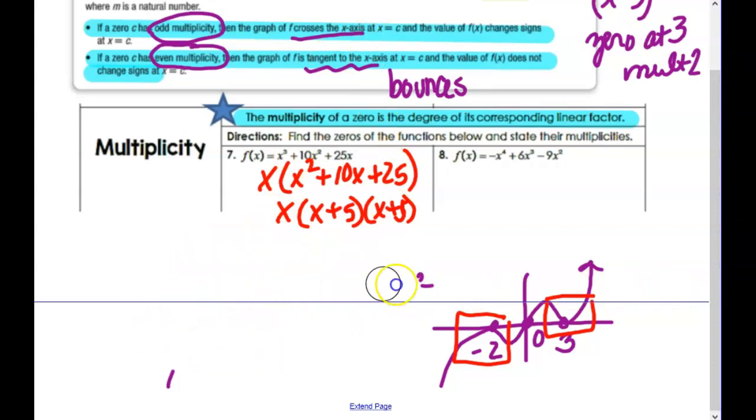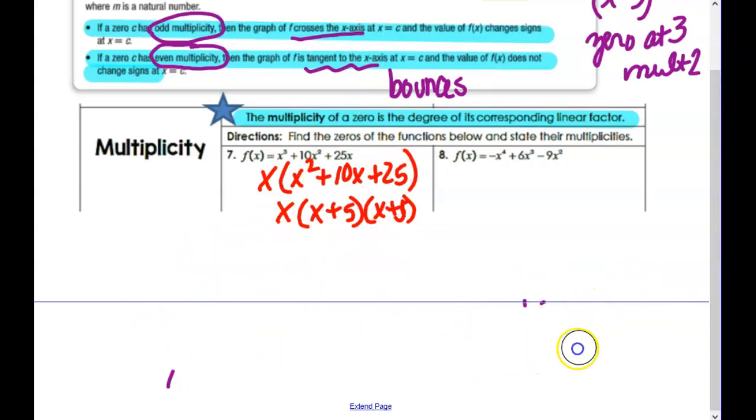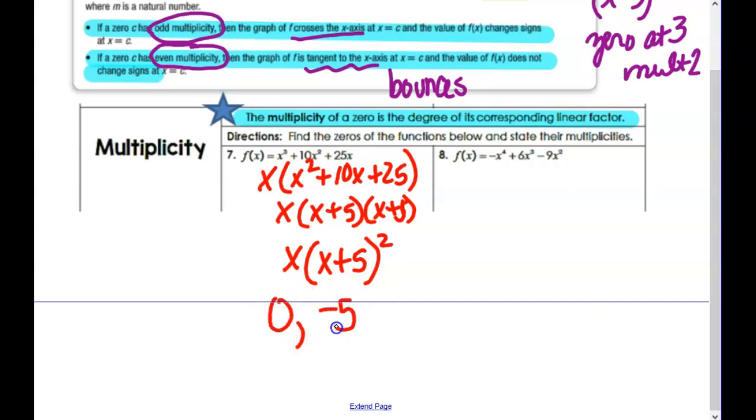I'm going to erase this. So we can write this as x times x plus 5 quantities squared. So the zeros are 0 and -5, but what do we write by the -5?